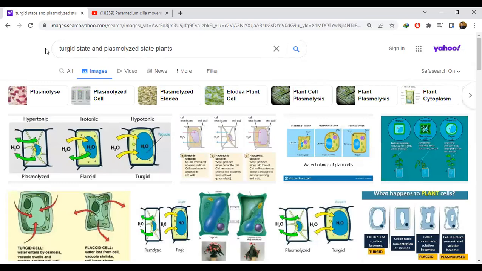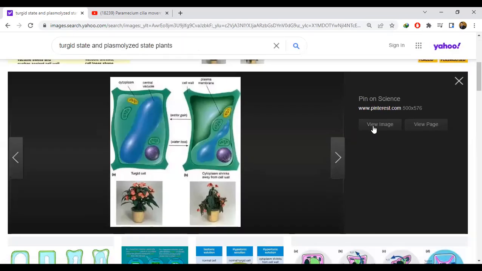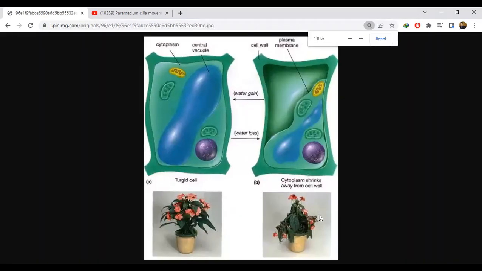You will say, this will happen, correct? Can you see? What is happening in the left side cell? What kind of cell is the left side cell? Turgid cell. It is a turgid cell.